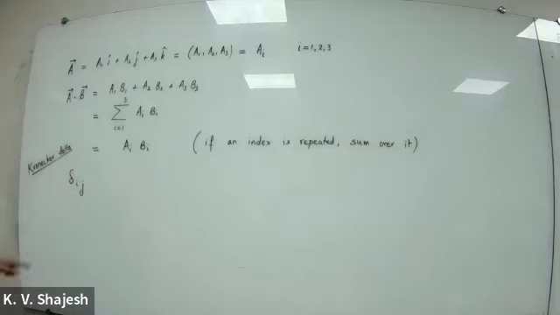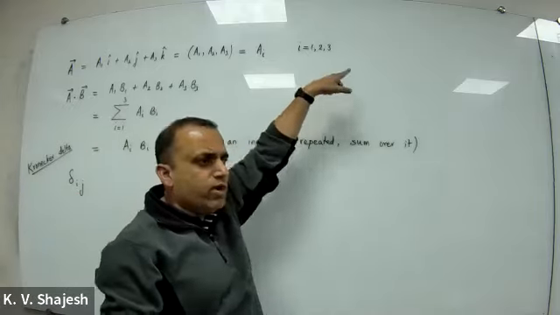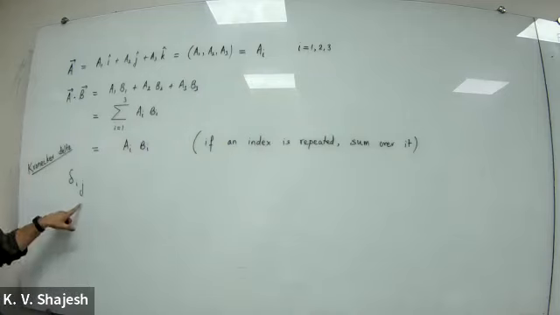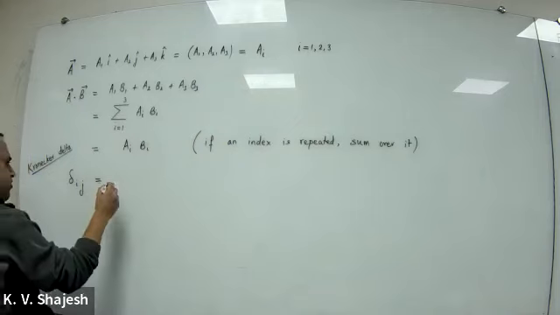Now how many components does it have? Notice all the indices. Here i can go from 1 to 3, and similarly j can go from 1 to 3. So how many components are there? There are 9 of them, 3 here, 3 here.